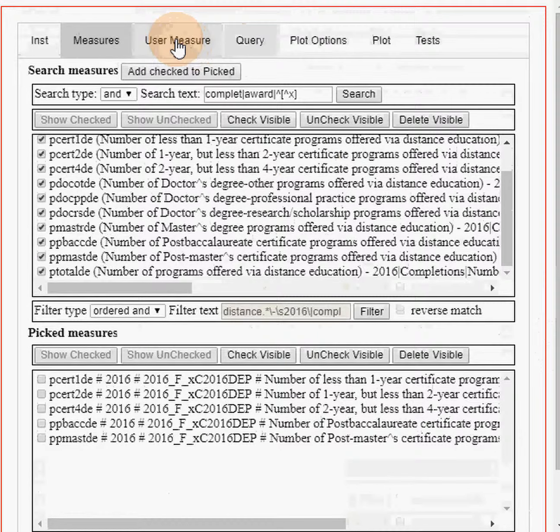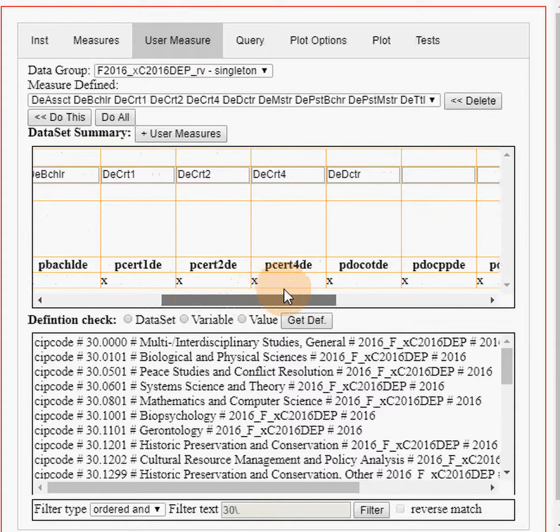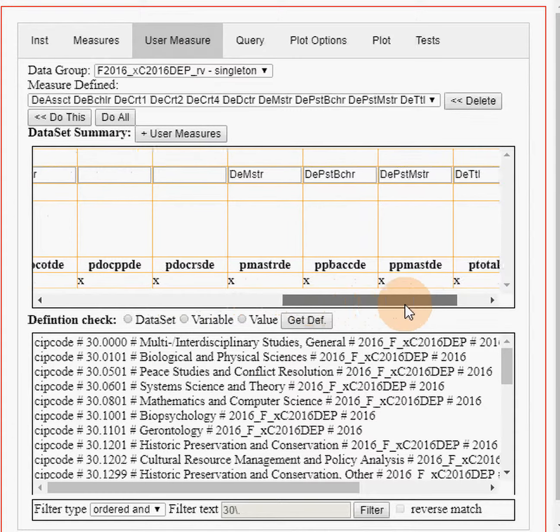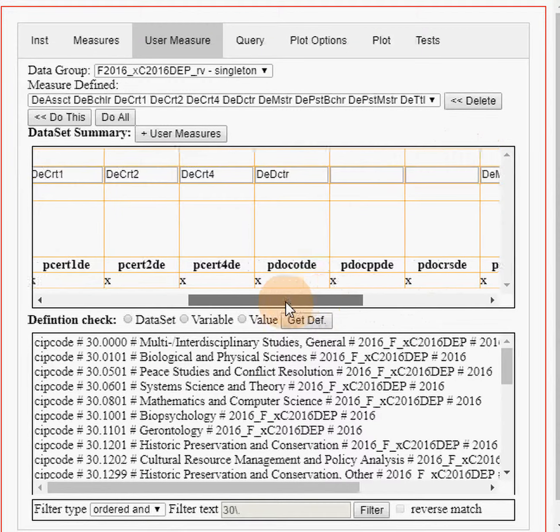For the majors tab, as I mentioned, we select all the degree levels, and that's why we type in more information over here. For the zip code, we do the same thing as we did in the last video.